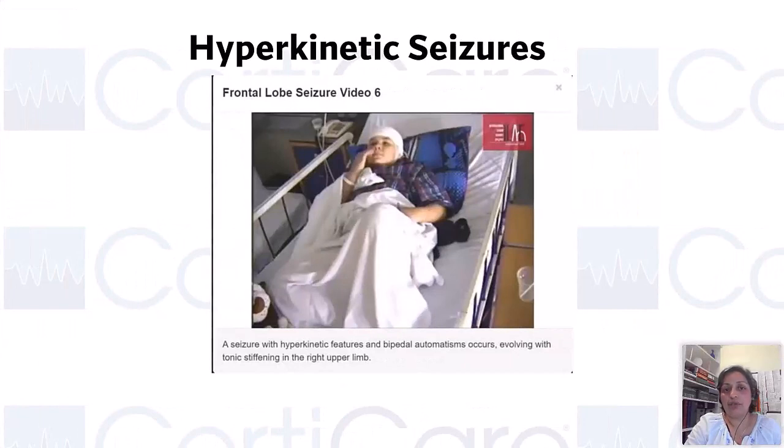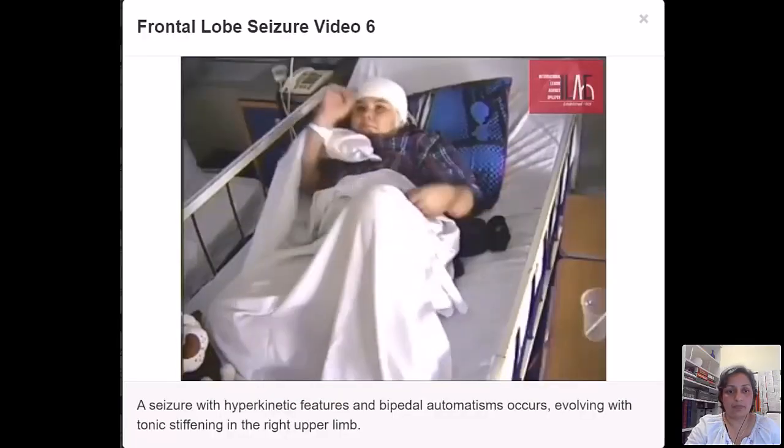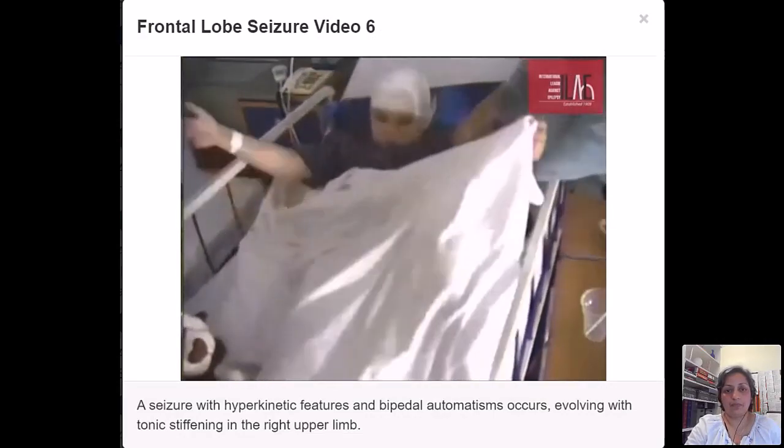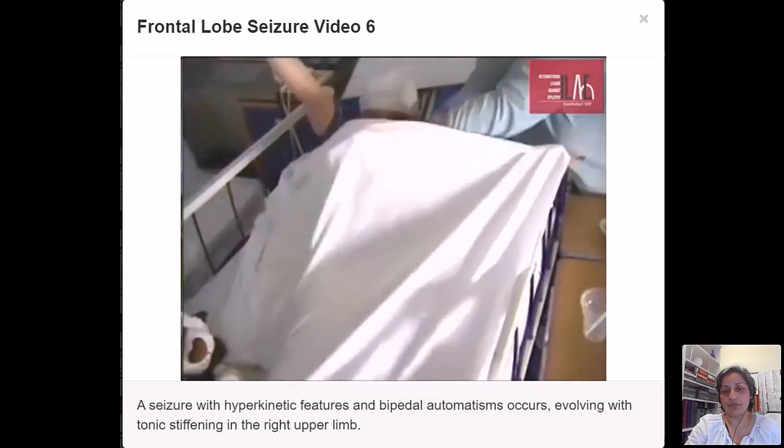Here is an example of hyperkinetic seizure. And look at the patient's lower extremities in this video. And extension of the arms.